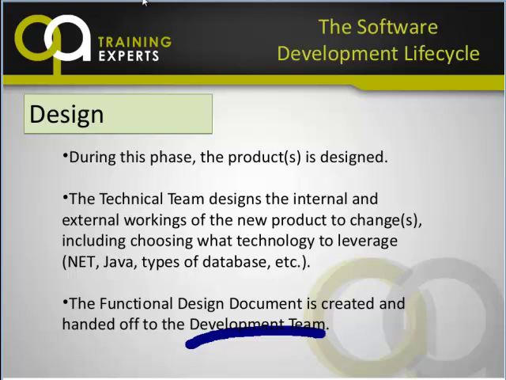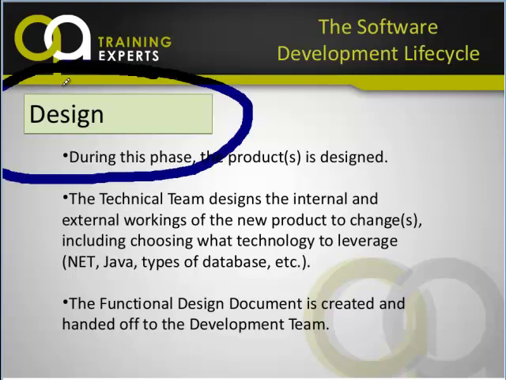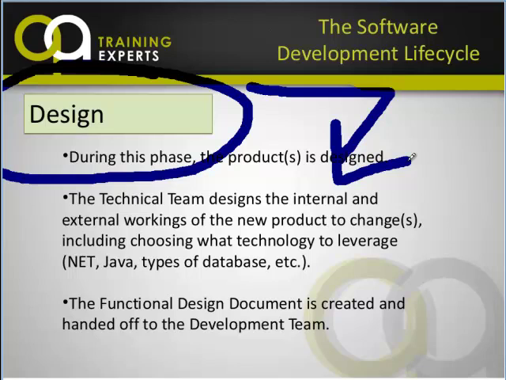So again, looking at it from a building a house perspective, the design is the architect taking the business and technical requirements and coming up with the architectural diagram, the blueprint of how that house is going to look. They know what the business wants: 4 bedrooms, a pool in the back, 3.5 baths, a cellar.